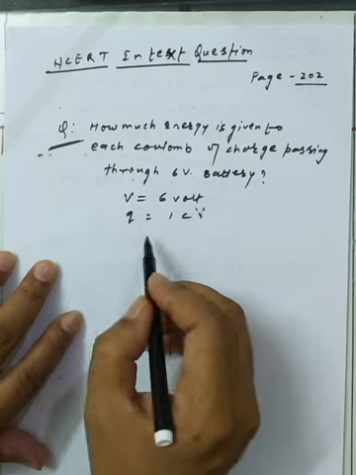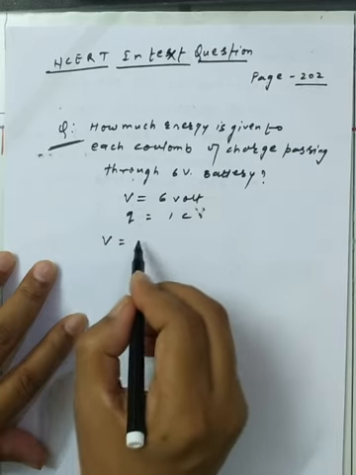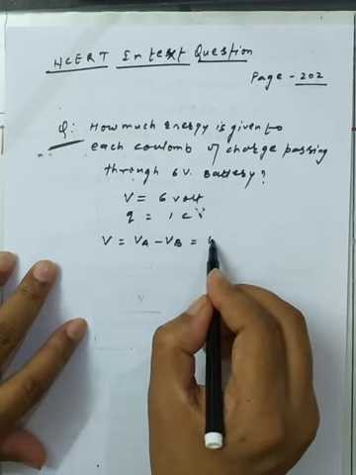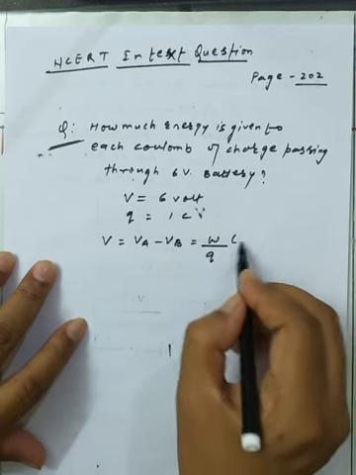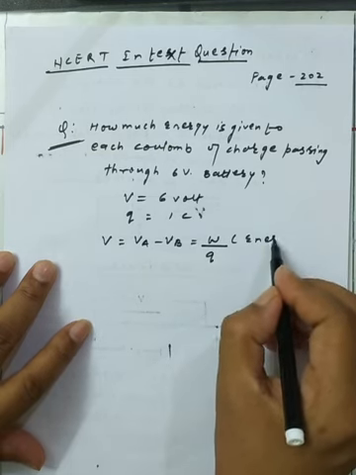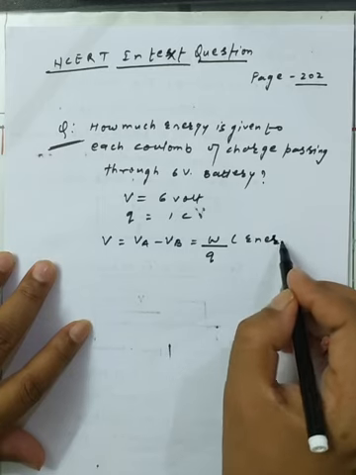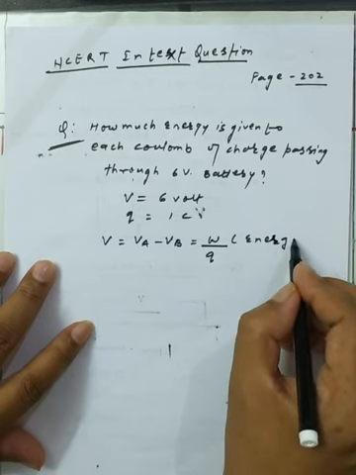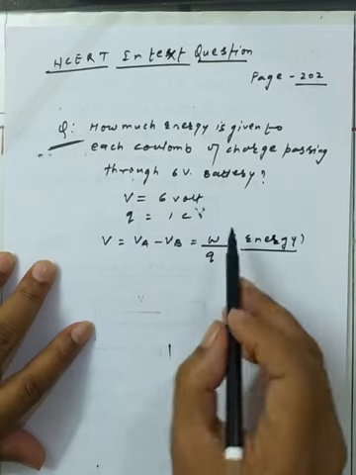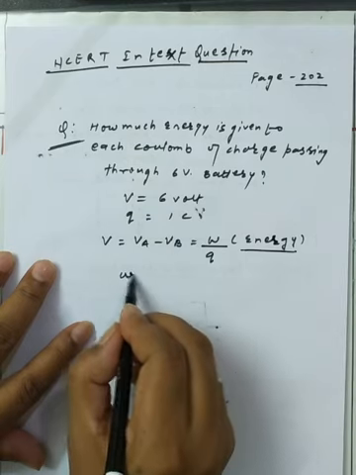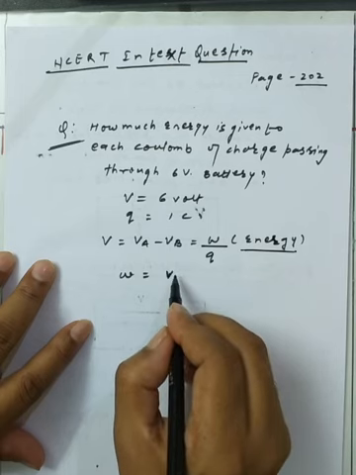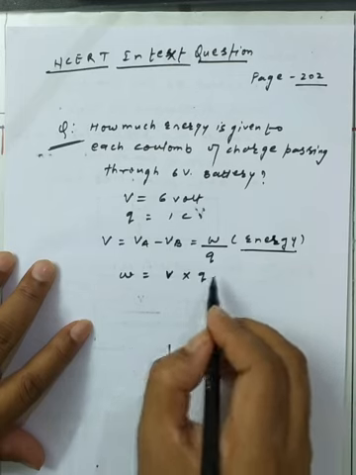So easily we know the basic formula, V is equal to VA minus VB, which is W upon Q, and W is generally called the work done, so it is a part of the energy we have. Either you say work done or energy, so I am writing it as energy.